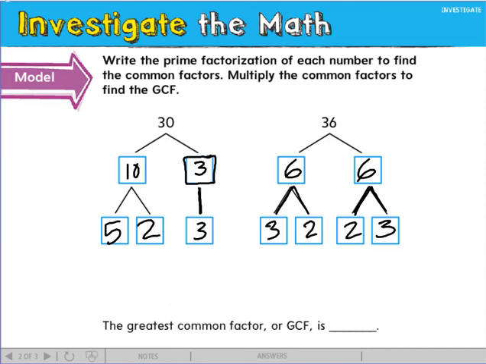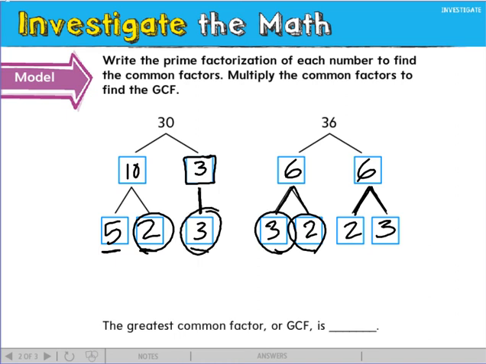Now what we're going to do is we're going to match. We're going to pull out the common numbers that are at the bottom. So, I have a 5 here. Is there a 5 over here? No, so I don't need the 5. I have a 2 here. Is there a 2 over here? Yes. Okay, so I'm going to circle the 2. I have a 3 here. Do I have a 3 over here? Yes. Circle the 3.